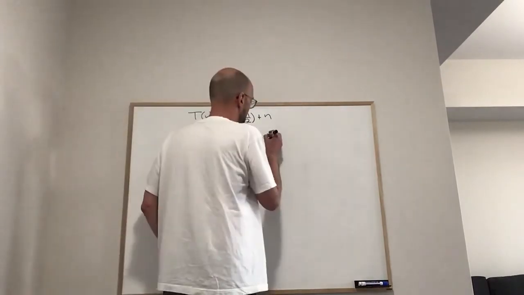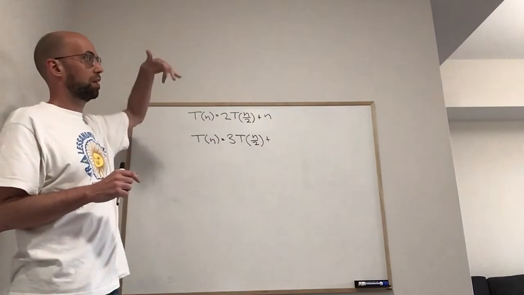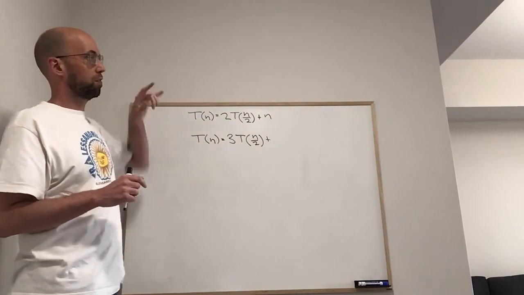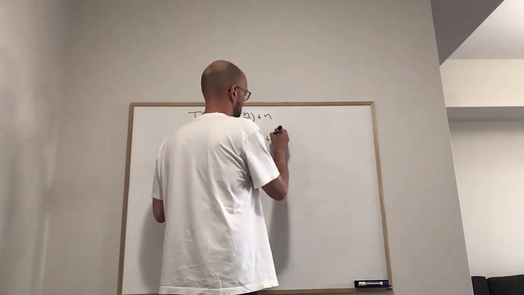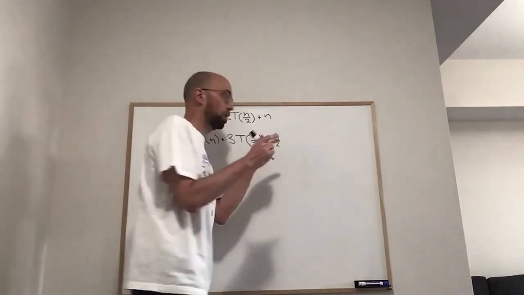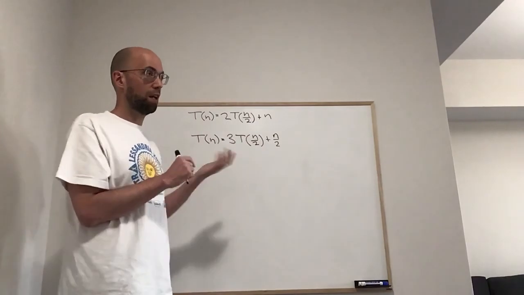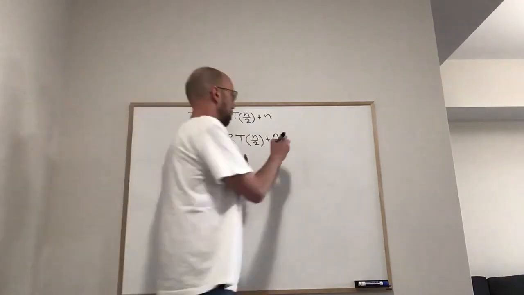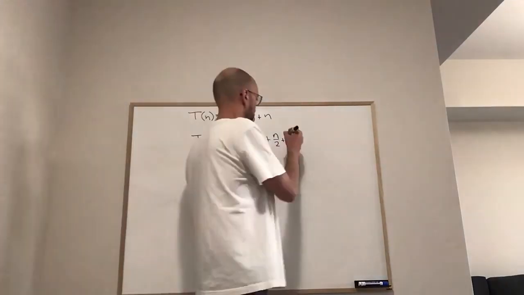Okay, but then here, what did we have to do? We had to do an addition of x1 and x0, so that took time n over 2. An addition of y1 and y0, which takes n over 2.